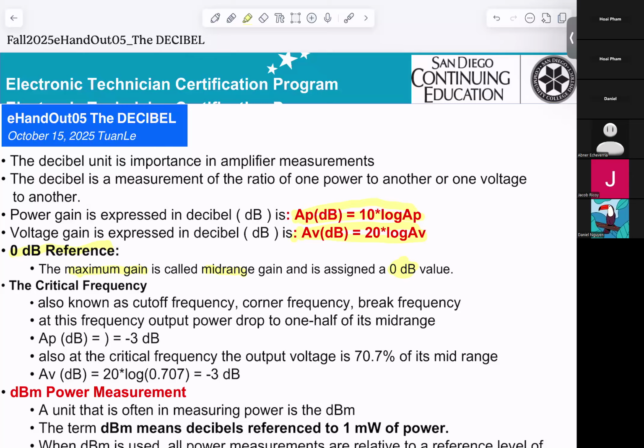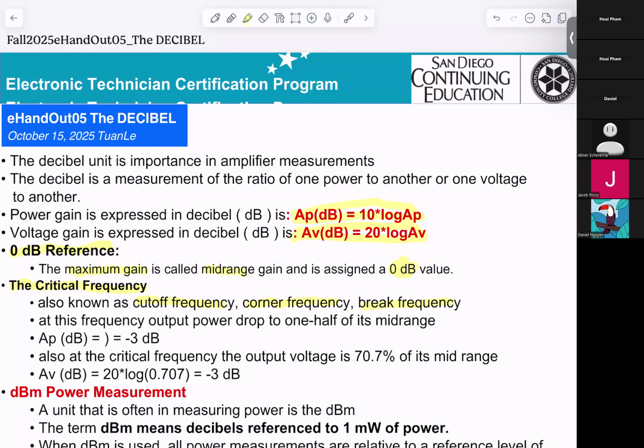Now the next one will be the critical frequency. You have to understand what the critical frequency is. It can also be called the cutoff frequency, corner frequency, or break frequency.